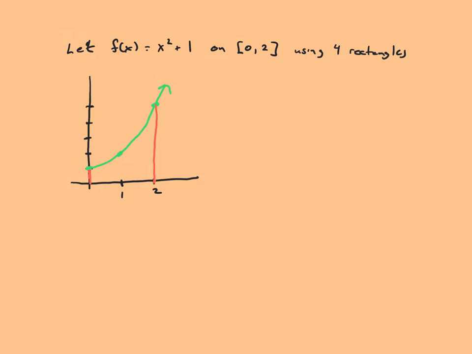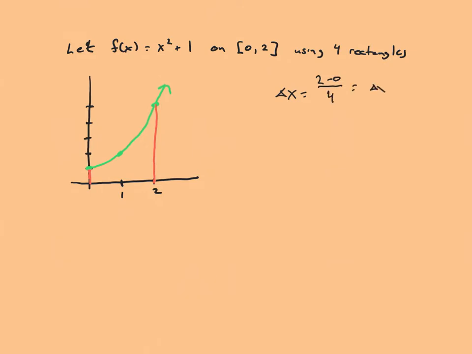So the first thing I need to do is calculate delta x. Delta x in this case is going to be 2 minus 0, because that whole length is going from 0 to 2, and the number of rectangles is 4.